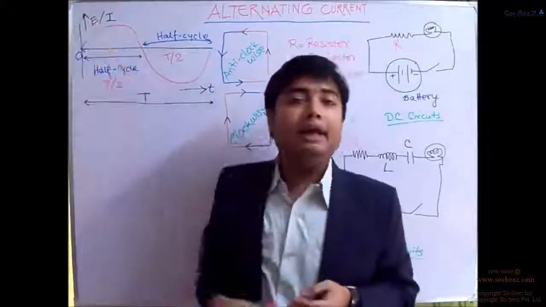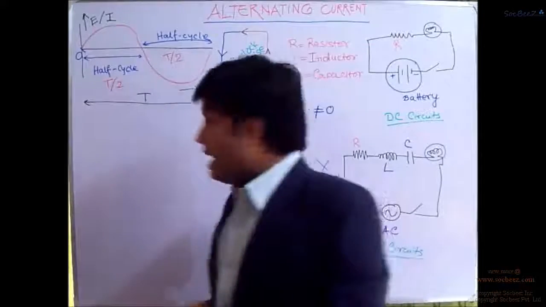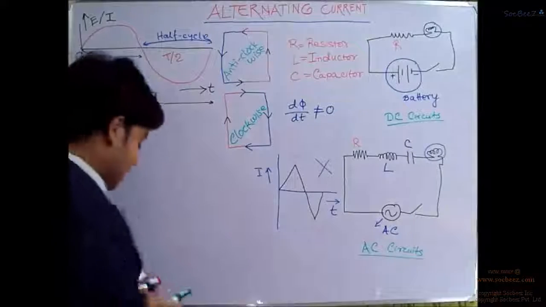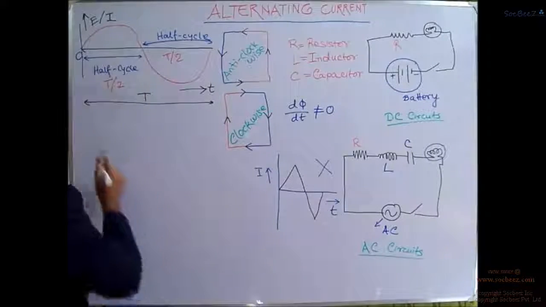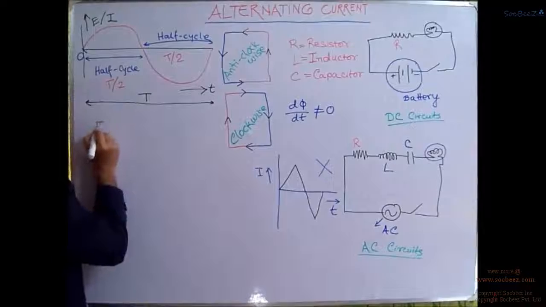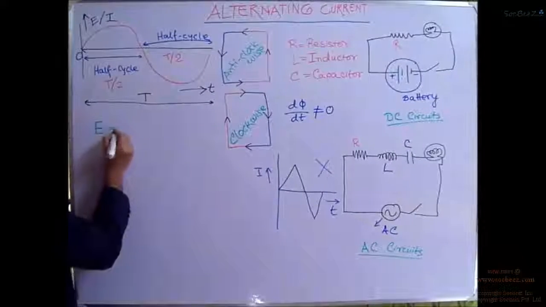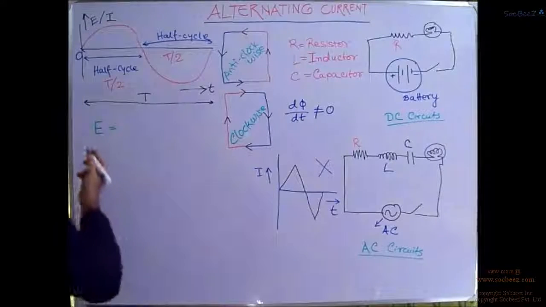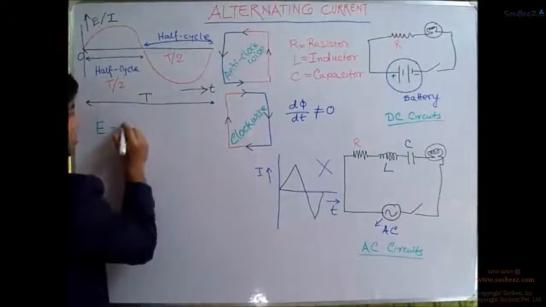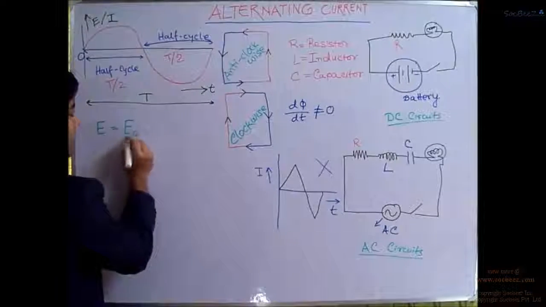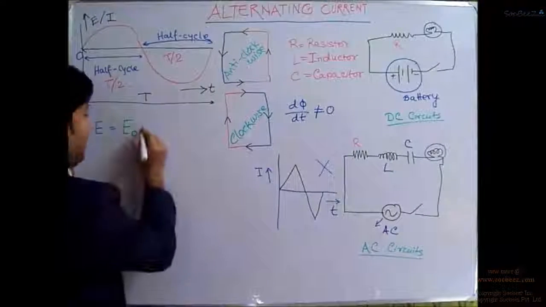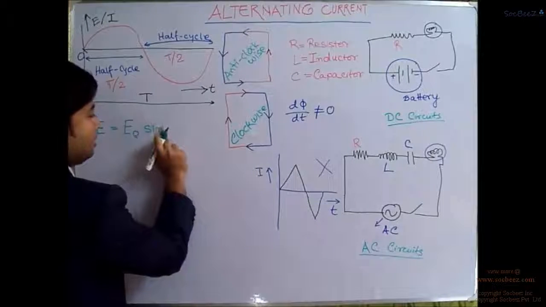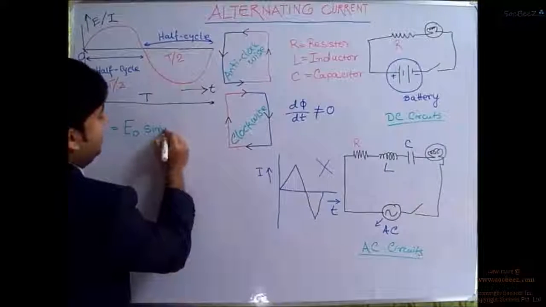Now the equation of this alternating EMF, what it has been found out is, at any particular time when we are looking at this curve, this EMF will be equal to E naught multiplied by sine omega t.